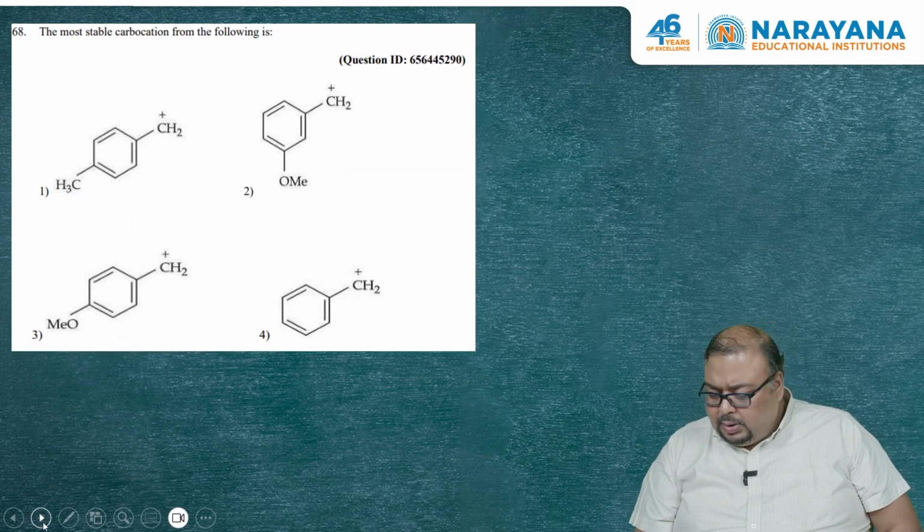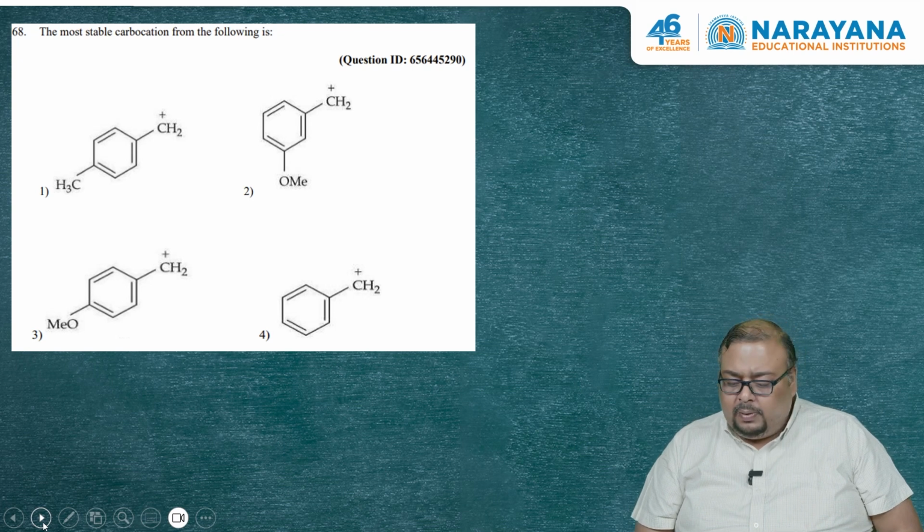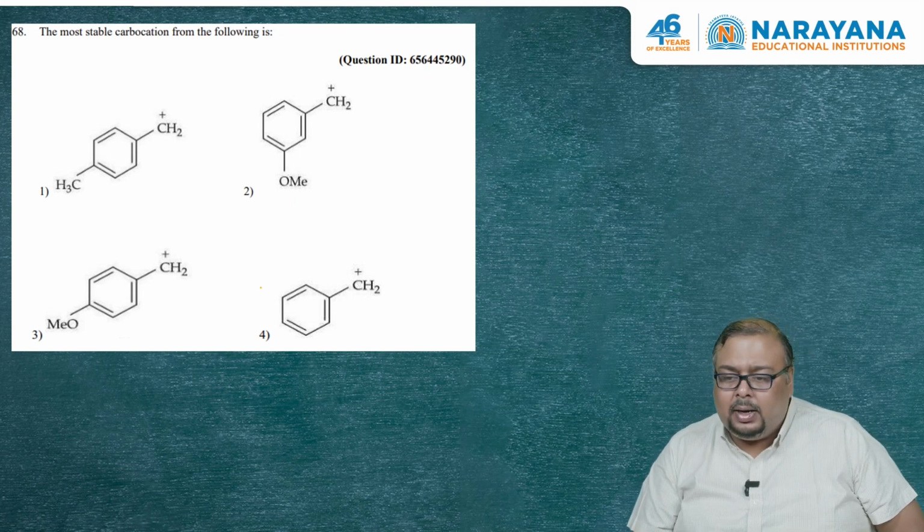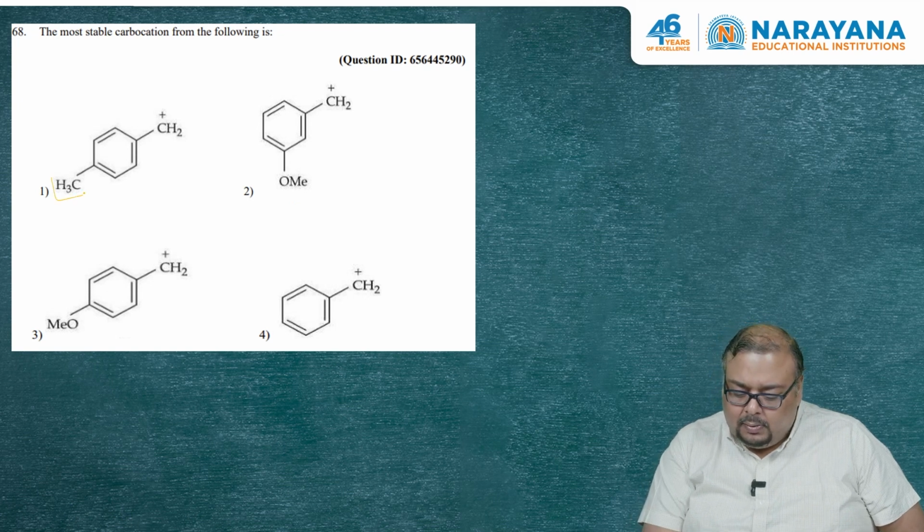The most stable carbocation from the following is, they have given options. Now they have given certain groups which can exert resonance effects as well as inductive effect. Now CH3 through its plus H effect will create a negative charge here, here and here, and this negative will stabilize the positive charge.